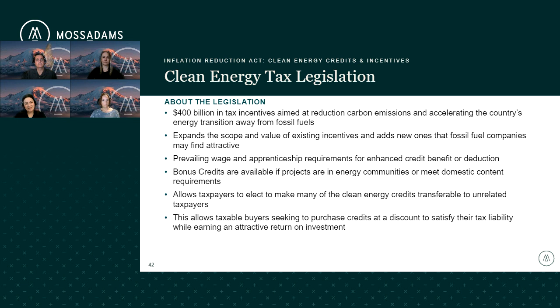And then if you meet domestic content requirements, which essentially means all the components that you're producing are made in the United States, you could get another bonus credit of 10%. We'll be talking a little bit more about where these prevailing wage requirements and bonus credits are applicable.